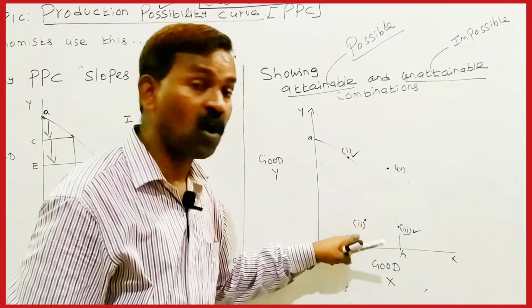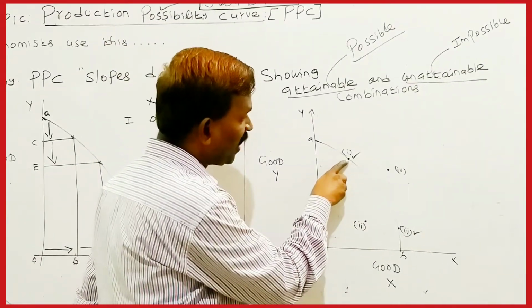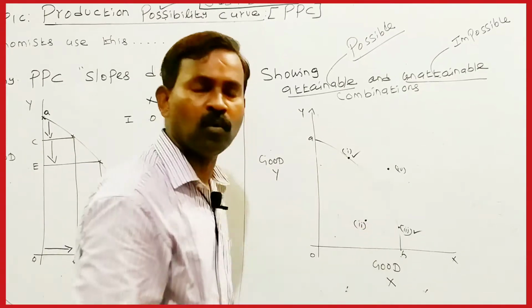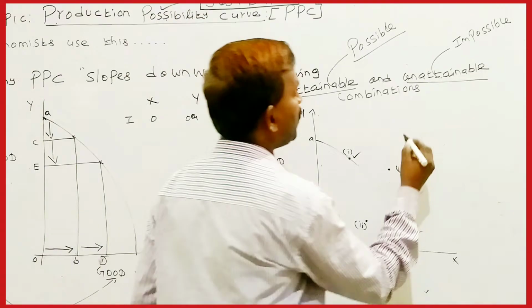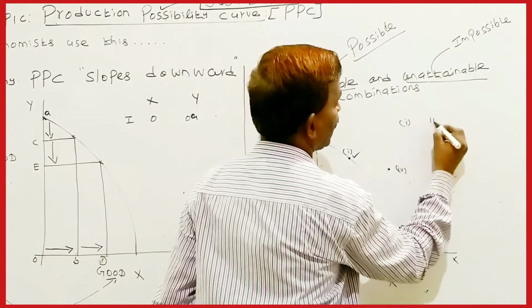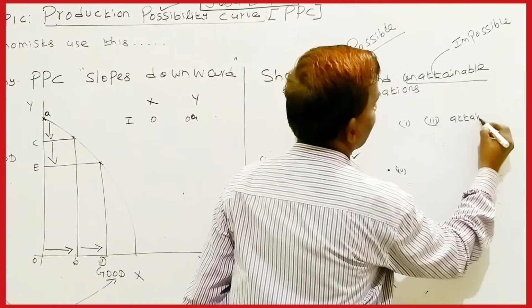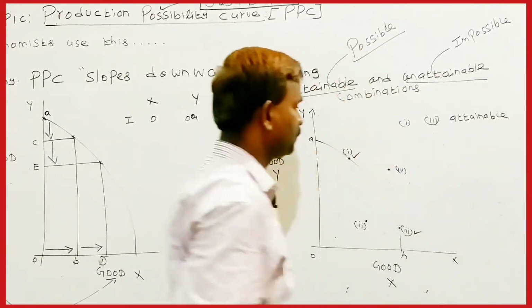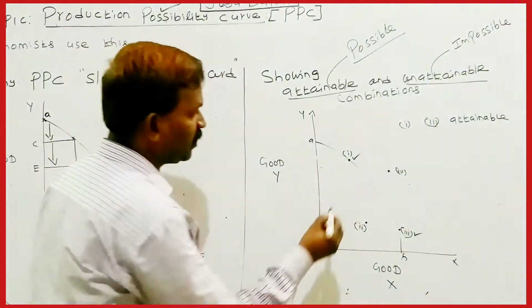Not outside, not inside. So, this is the uniformity of point number 1 and point number 3. Both are plotted on PPC. So, what does it mean? Point number 1 and point number 3 are attainable combinations. Attainable combinations. For example, see here.